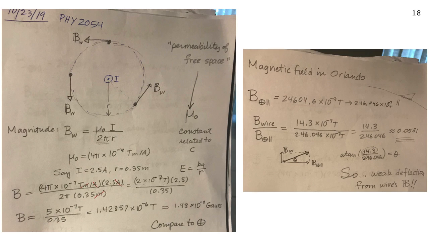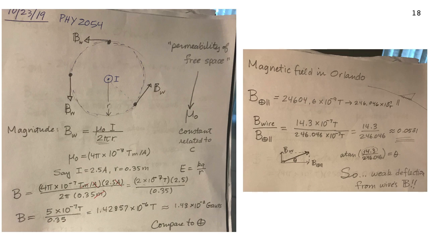All right, so I've got mu naught, which is 4 pi times 10 to the minus 7 Tesla meters per ampere, times 2.5 amps.